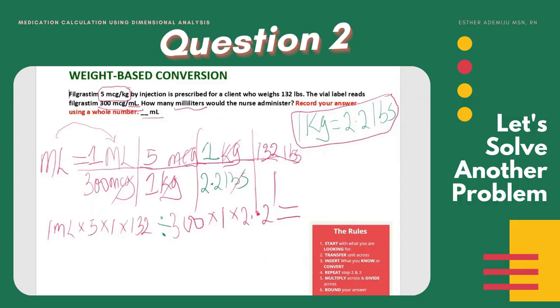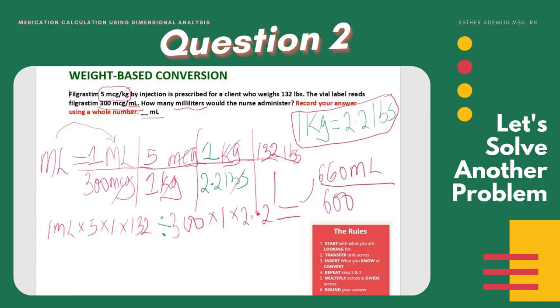So 1 times 5 times 1 times 132, you should have 660. So 660 milliliters divided by 300 times 1 times 2.2 should give you 660.